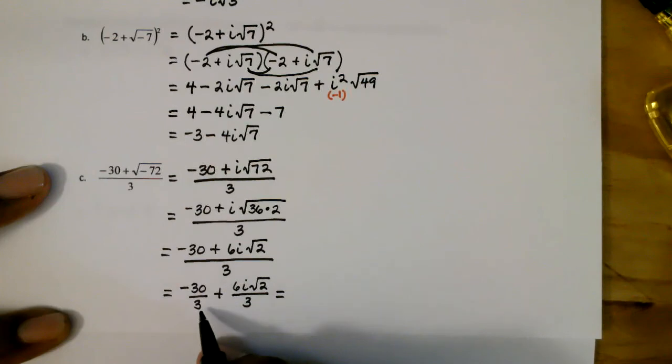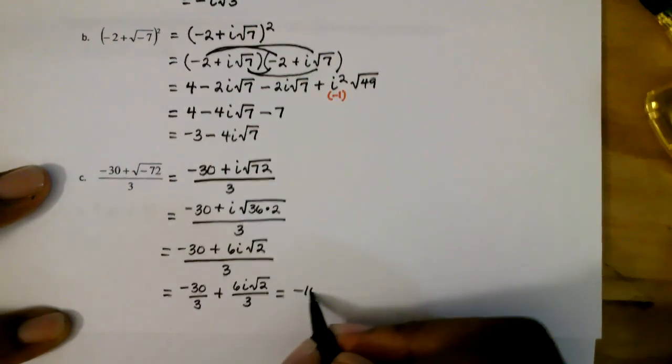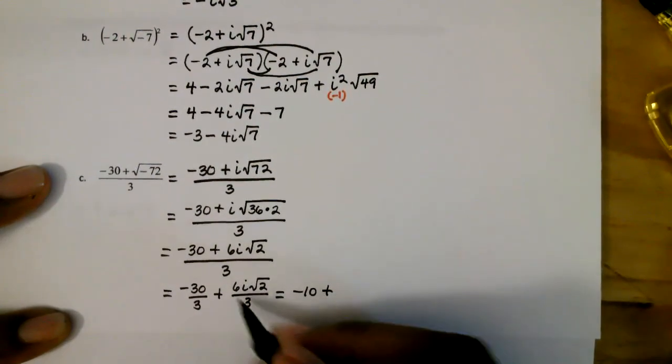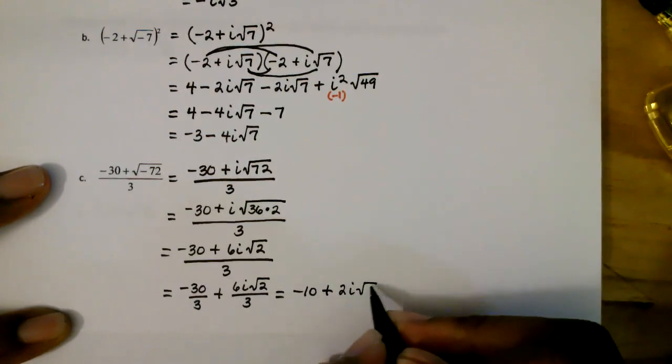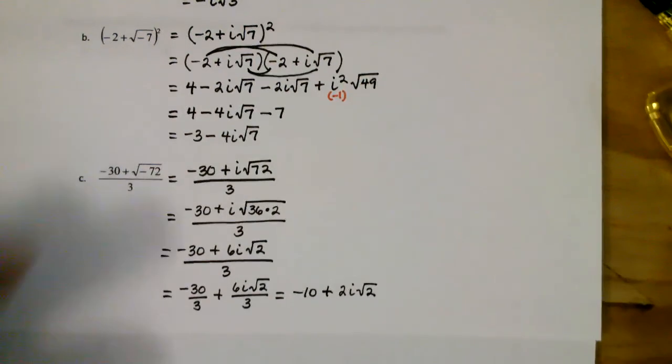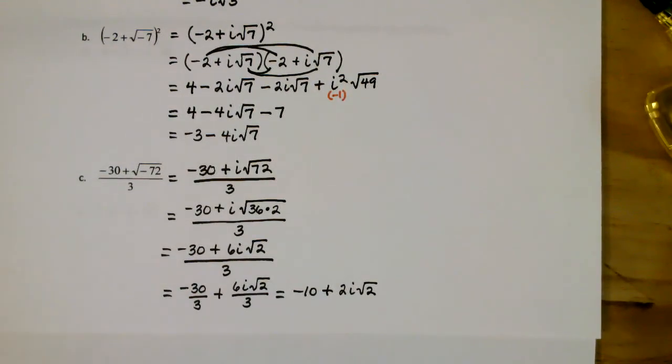Well, negative 30 divided by 3 is negative 10 plus 6 divided by 3 is going to be 2. So I have 2i square root of 2. So the final answer there will be negative 10 plus 2i square root of 2.